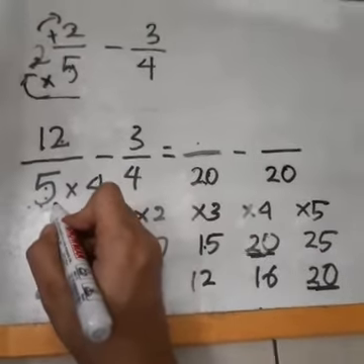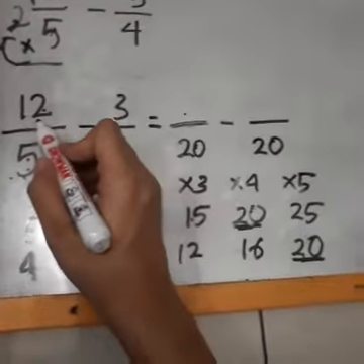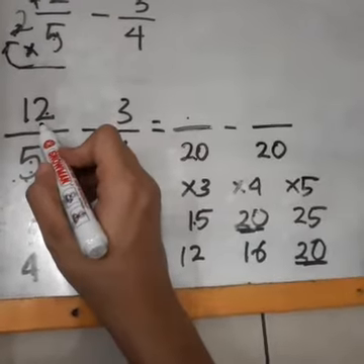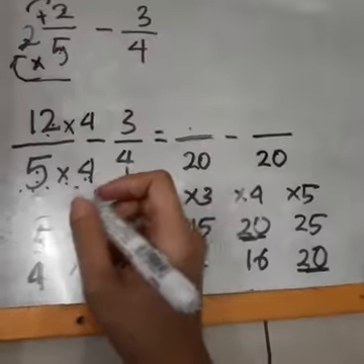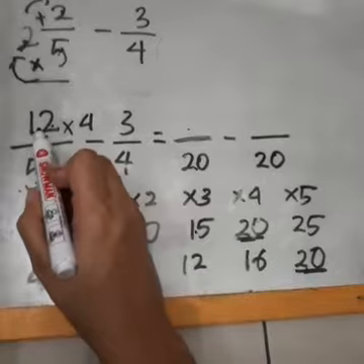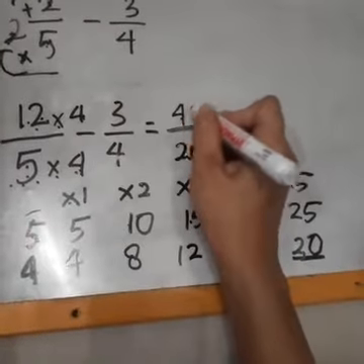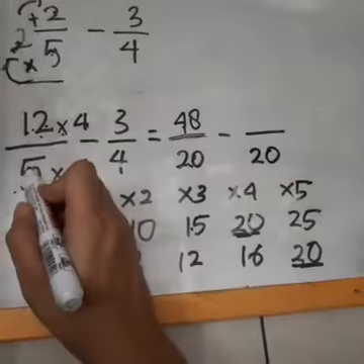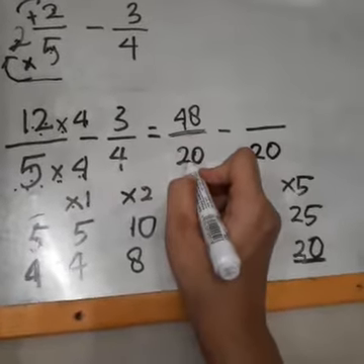If the denominator is multiplied by 4, the top number is also multiplied by 4. So 12 times 4 is 48, and 5 times 4 is 20.